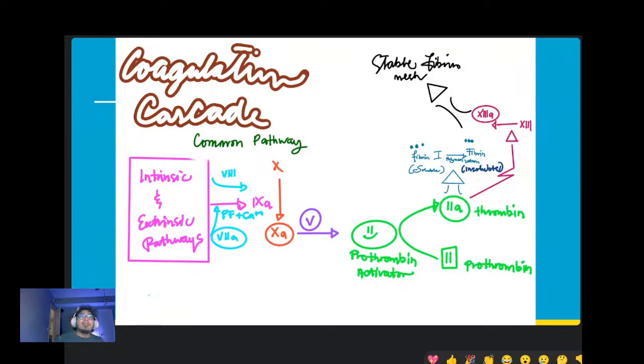Thrombin's responsibility is to form an insoluble fibrin mesh from free-flowing fibrin strands in the serum. Once that happens, it will form a monomer. That monomer is important because the activated factor 13, which has been activated by thrombin, will form a stable fibrin mesh. Okay? Clear? Clear tayo dyan, ha?